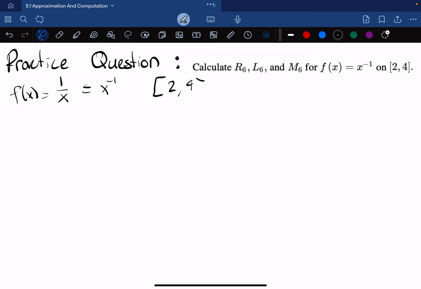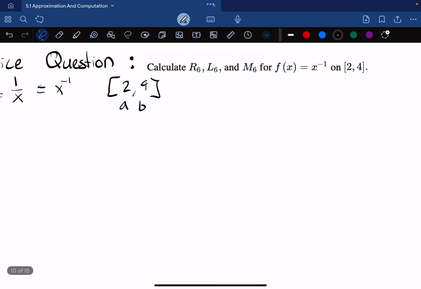Then our interval is from 2 to 4, meaning that 2 is our a and 4 is our b. It wants us to find R6, L6, and M6, basically meaning that they want us to calculate it if there were 6 rectangles, so n is equal to 6.